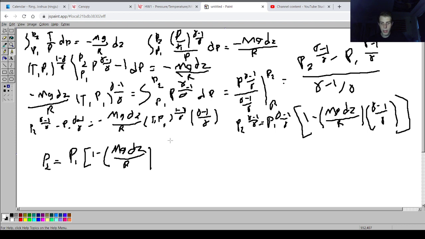And we keep the gamma minus 1 over gamma. It doesn't move anywhere. But the gamma minus 1 over gamma from the P2 will now be the exponent up here. So we'll have gamma minus 1 over gamma. Right here we have our final pressure equation.